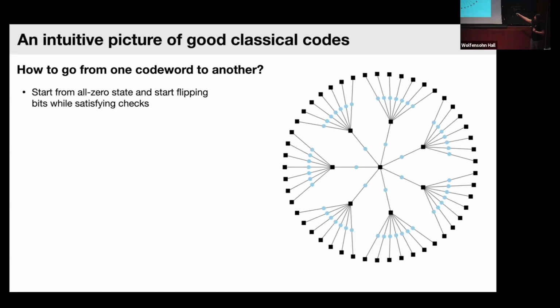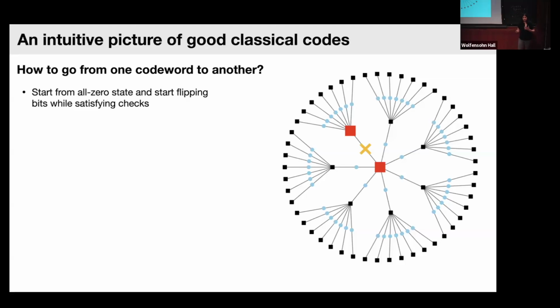Okay, so suppose you start from a code word, so everything here is 0. Okay, and this is satisfying all my checks. Now let's flip one bit, which is on this edge here. If you flip this bit, you know that your two local codes which are adjacent to that bit get triggered.